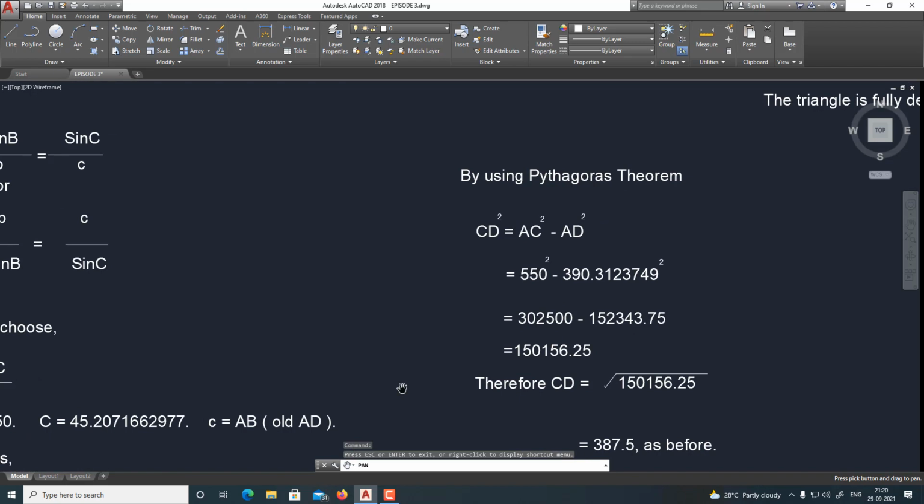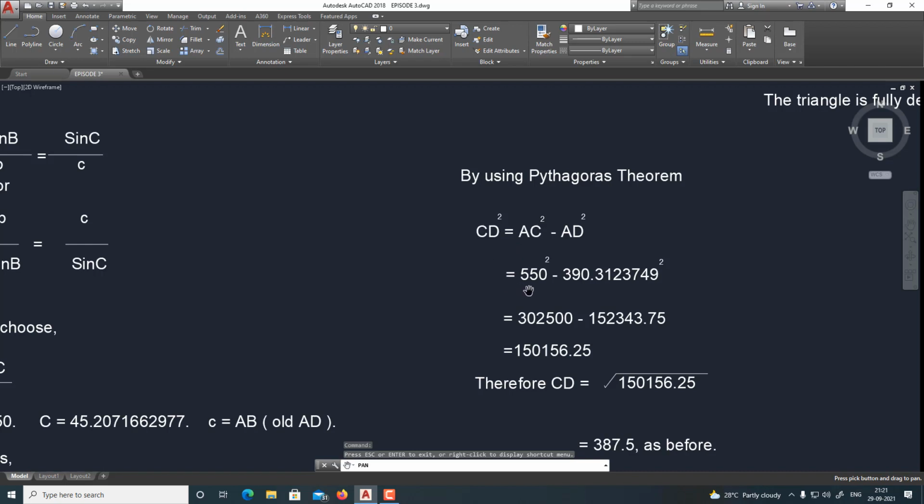Now we use another method, the method of Pythagoras theorem. Here CD is equal to the square root of AC squared minus AD squared. We calculated AD earlier. AC we know. CD we don't know.